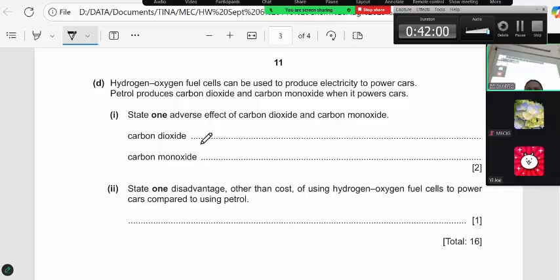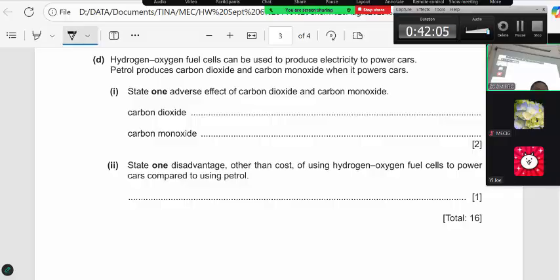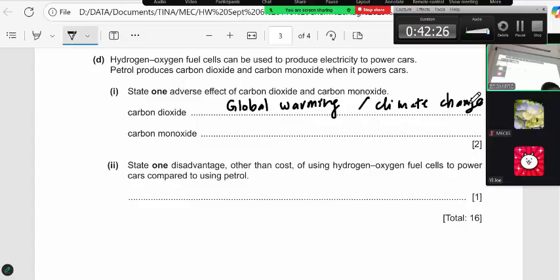A hydrogen fuel cell can be used to produce electricity to power cars. What adverse effects does carbon dioxide cause? It causes global warming, climate change, the greenhouse effect. Carbon monoxide is toxic, it's poisonous.